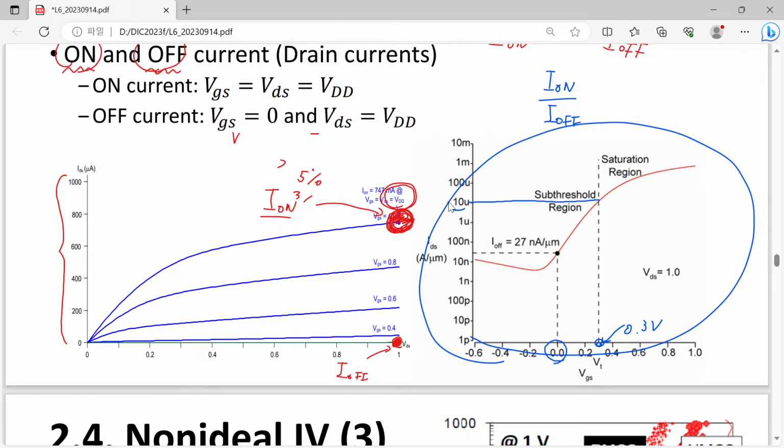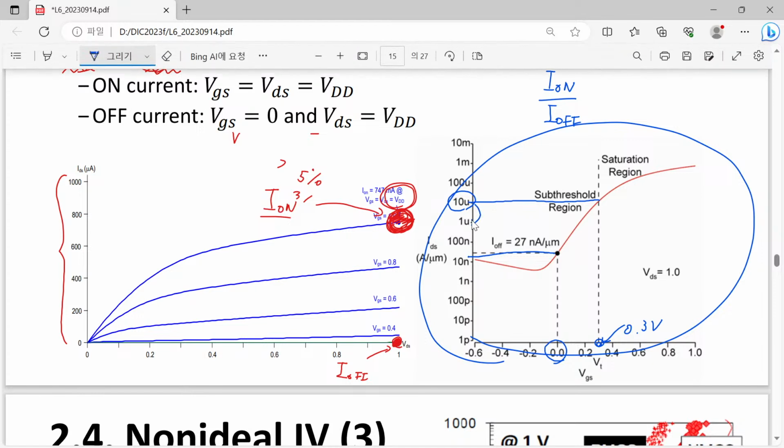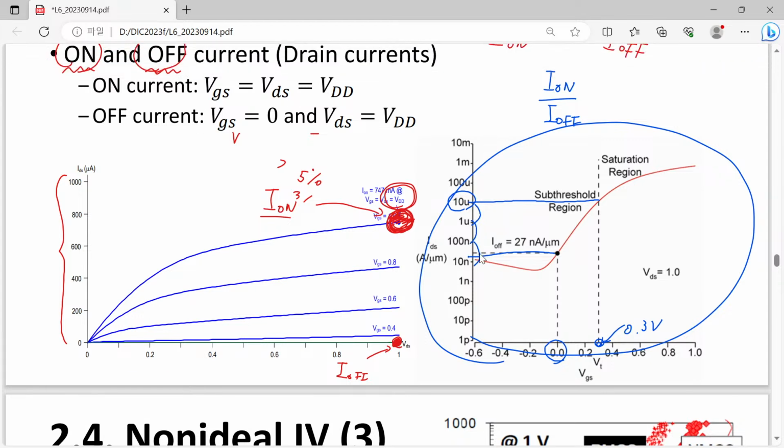It's around 10 micrometer, and it is around 30 nanometer. How large is the ratio between off and on current? 1 decade, 2 decades, less than 3 decades difference. This is not sufficient to make any kind of reasonable device.